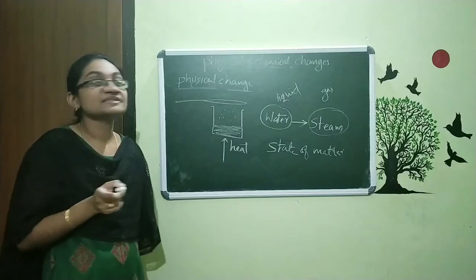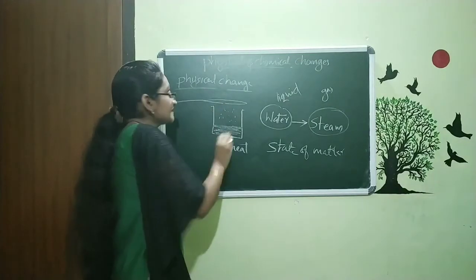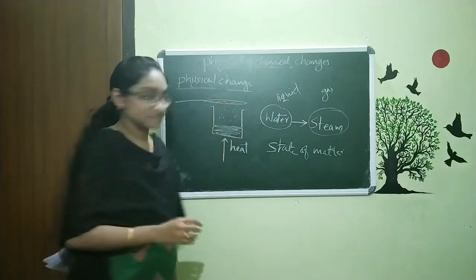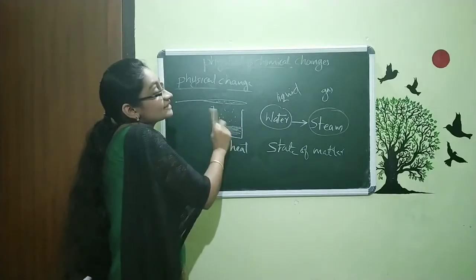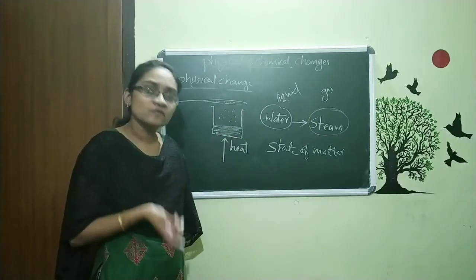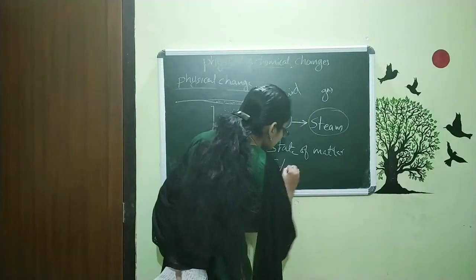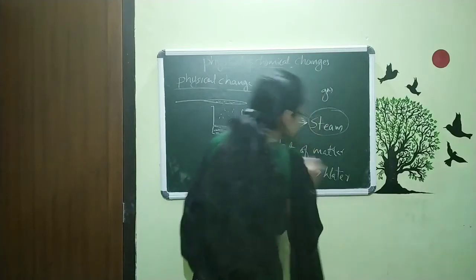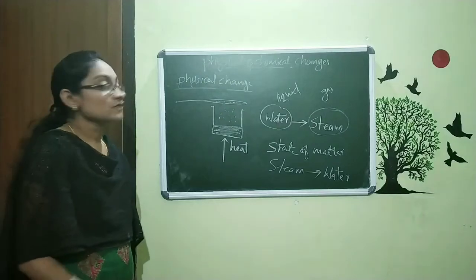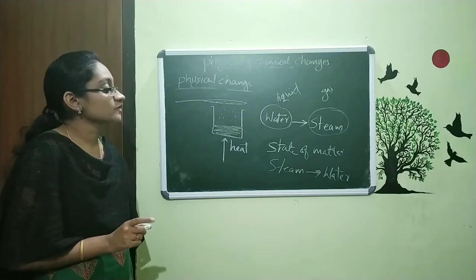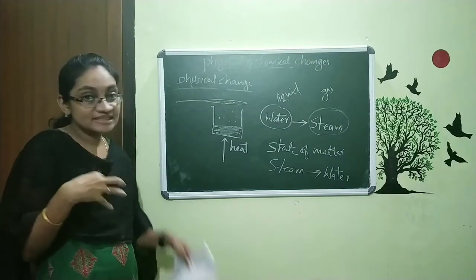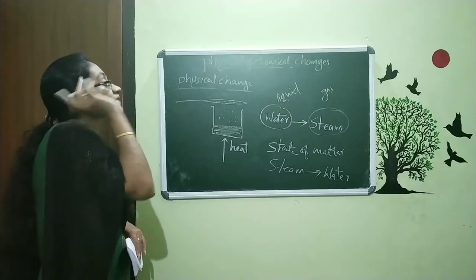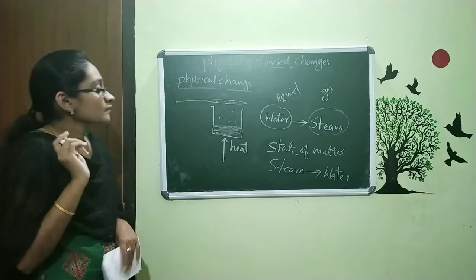You can see that at the bottom of this plate, a number of water droplets are forming. That means the steam is again converted to what? Water. Steam to water. So here also what occurs? The state of matter is getting changed from one to another. This is also one physical change.